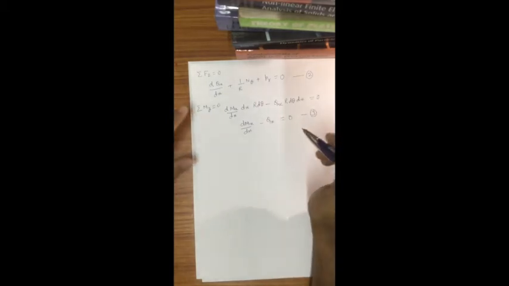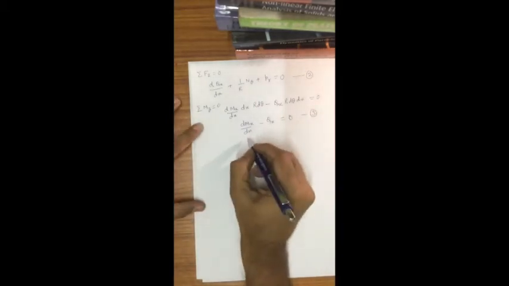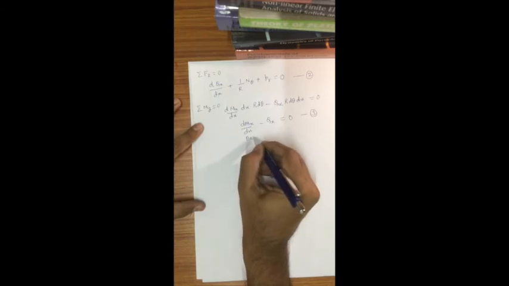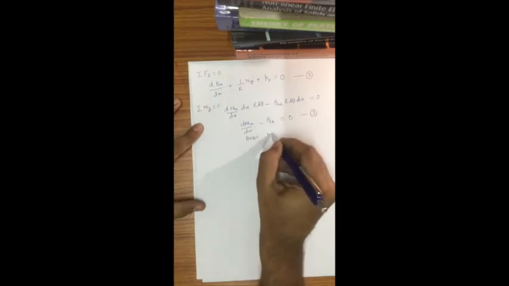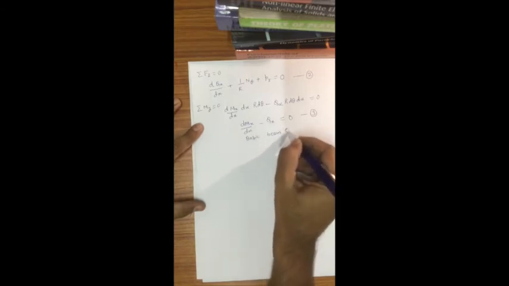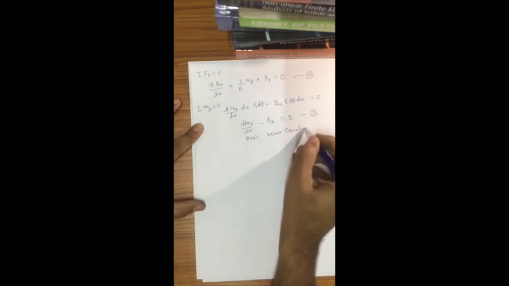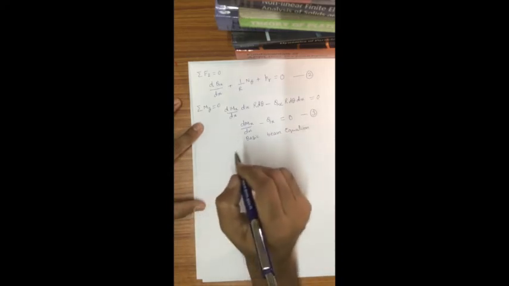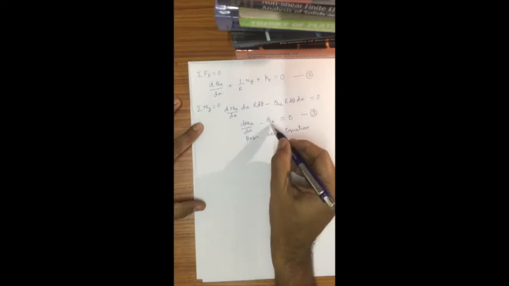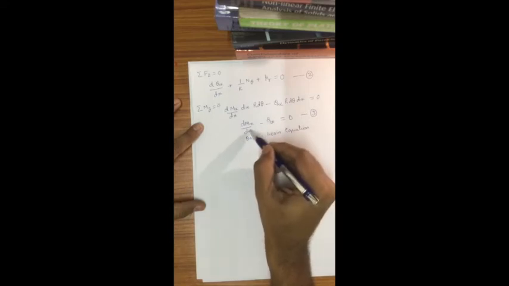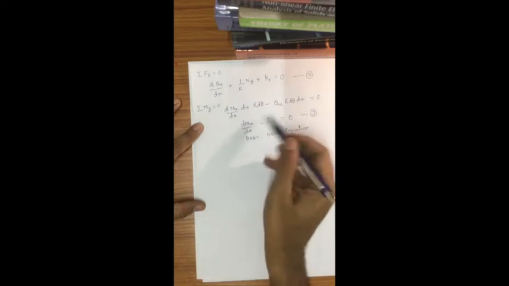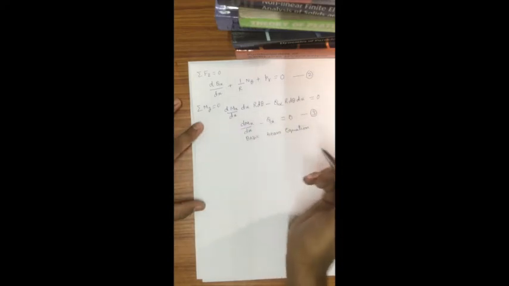Equation 3, if you look specifically, is actually the basic beam equation. If you remember the basic beam equation, the shear force is the first derivative of the bending moment. So it's the same equation we also obtained for the axisymmetrically loaded cylindrical shell.